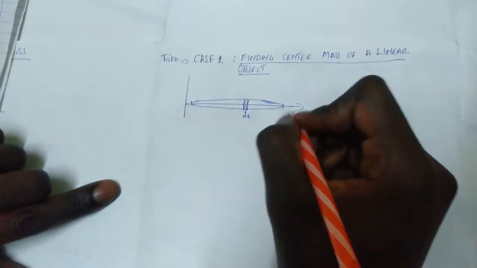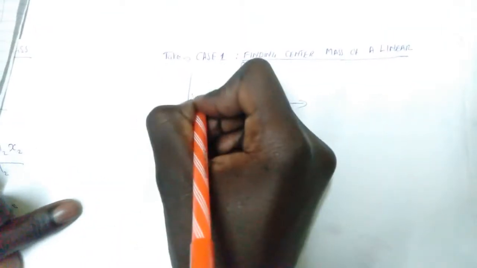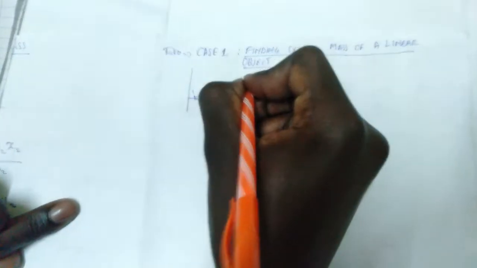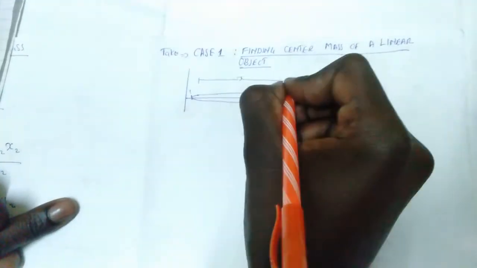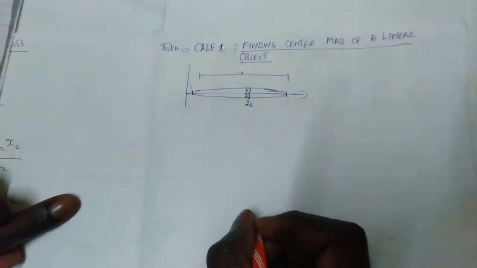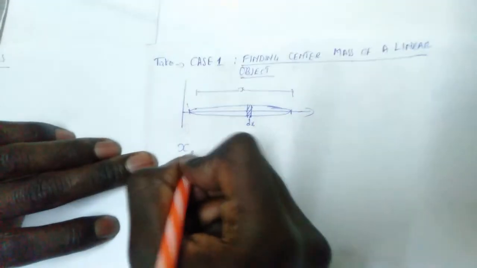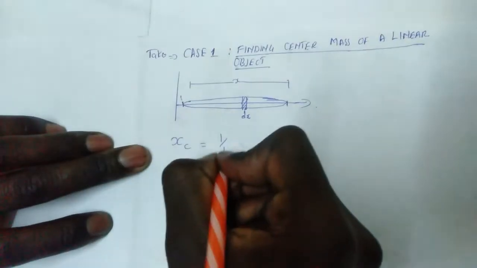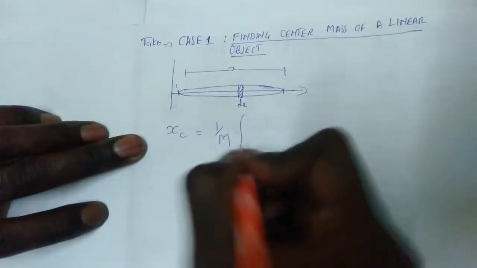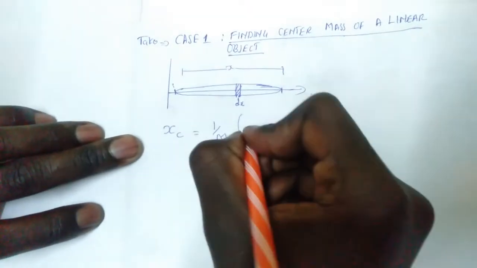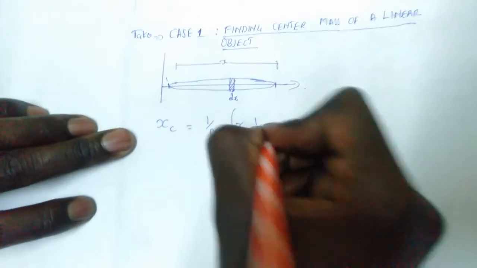When we take the total length of this object to be x, first write the mother formula, xc equals 1 over m, then the integral sign, x dm.